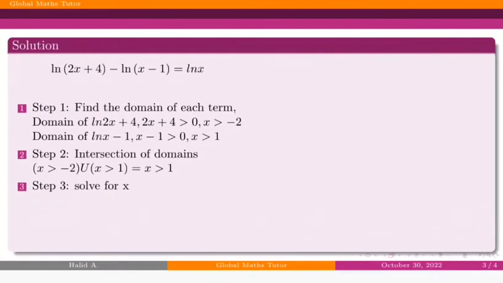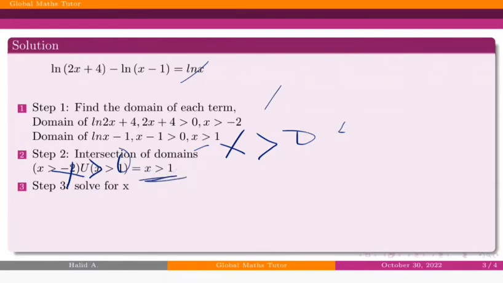That means x must be greater than 0 for this part. The intersection of the three domains is x greater than 1, because if the number is greater than 1, it is also greater than 0, and it is also greater than minus 2. So their intersection will be x greater than 1.